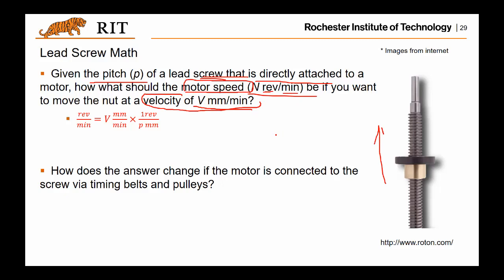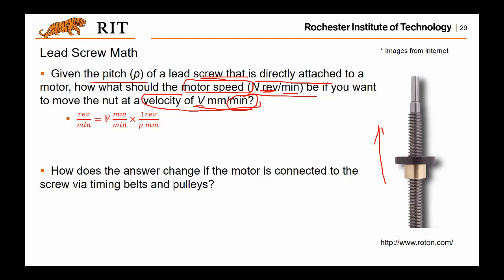So how you're going to do this is, since they are all in minutes, this linear speed is V millimeters per minute, and this motor speed is revolutions per minute. So you don't need to worry about the conversion of minutes and seconds, right?